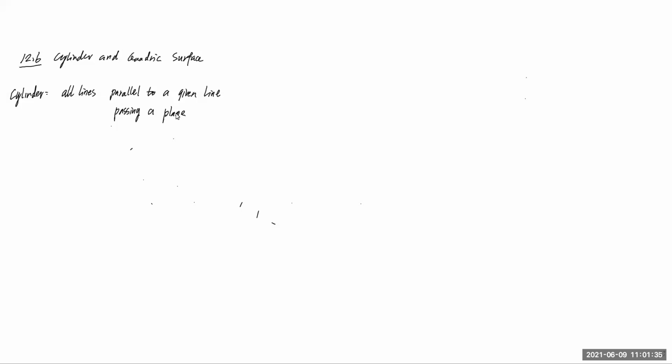You first have a line, right? All the other lines are parallel to this line, but it's not in R2, it's in R3. You can move, like here, every line is parallel to this line. Let me draw a picture for you. Let's look at examples.